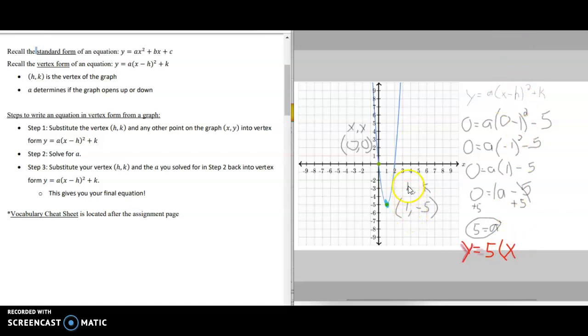My h again was a positive 1, so I change it to a negative 1, squared, then plus my k. Well, my k is a negative 5, so I'm just going to put that in my k spot. This is then my equation.